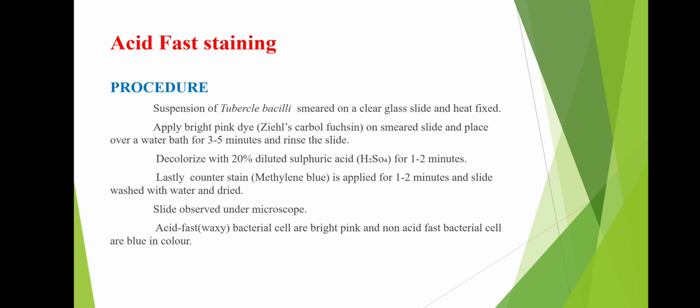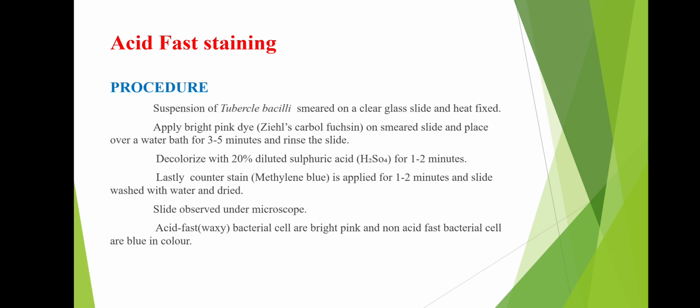Next rinse the slide under running tap water, and decolorize with 20% diluted sulfuric acid for 1 to 2 minutes. Lastly, the counterstain, which is also cationic in nature, methylene blue, is applied for 1 to 2 minutes, and the slide is washed with water and air dried. After drying, the slide is observed under the microscope.